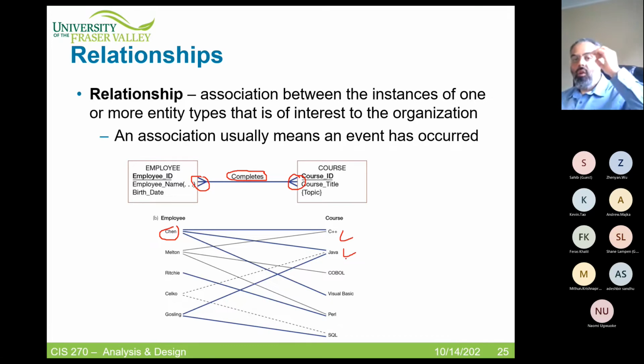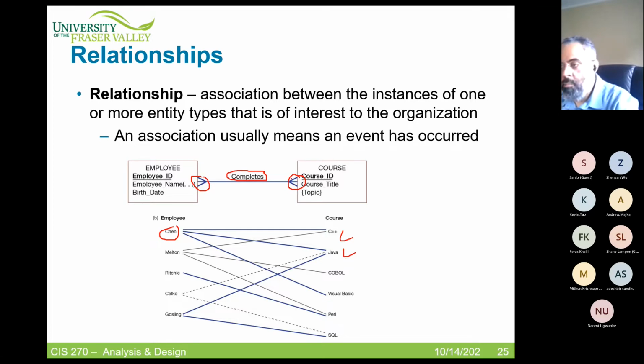One entity instance, like Chen, an entity instance from employee, can be related to different instances of the other entity, like C++ and Java, which are instances of course.